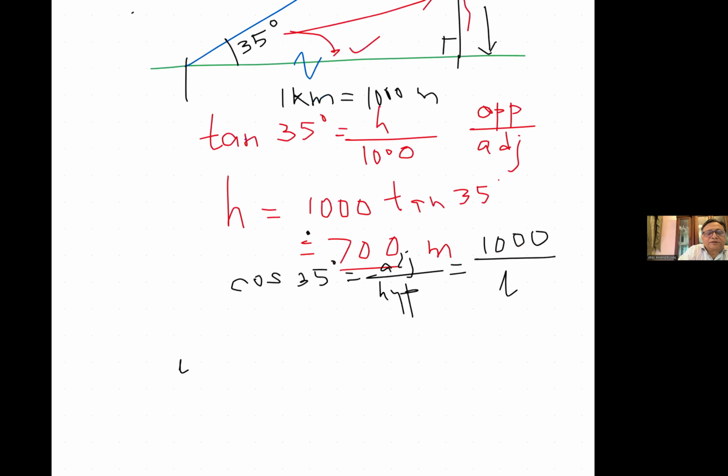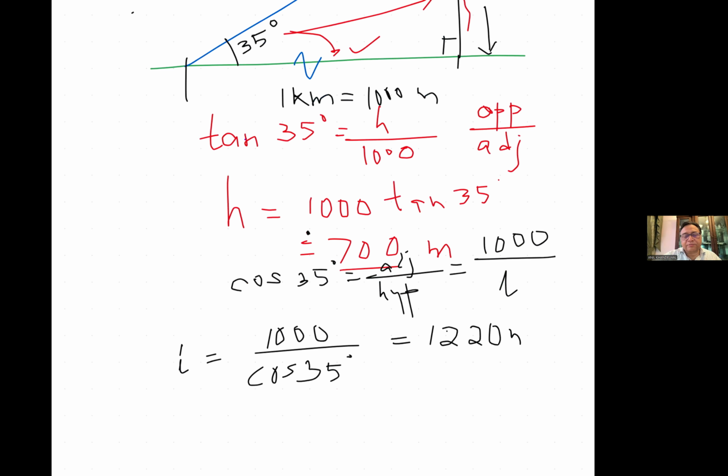Can you please calculate? I get 1220. I've rounded it, so it's an estimate. So I'm writing the dot over the equal to sign, indicating that my answer is approximated to 1220 meters. Did you understand this question?